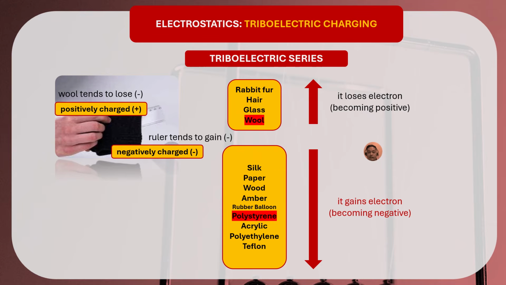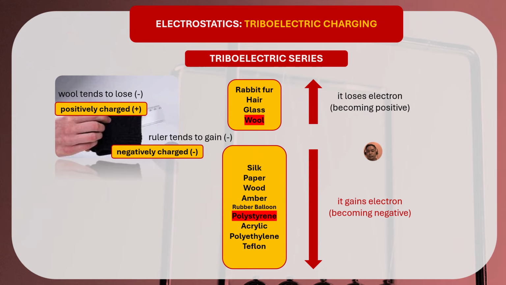Okay. From neutral, after rubbing, they now have different charges. One is negative, one is positive. That's the beauty of the triboelectric series. That's the beauty of triboelectric charging, or charging by friction or by rubbing.